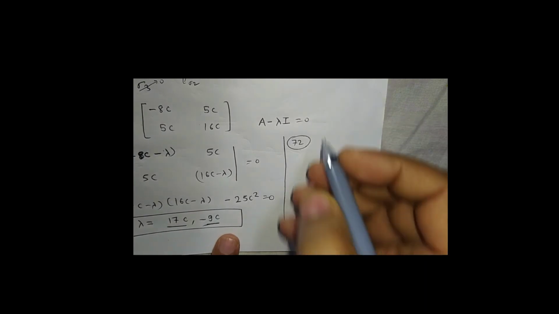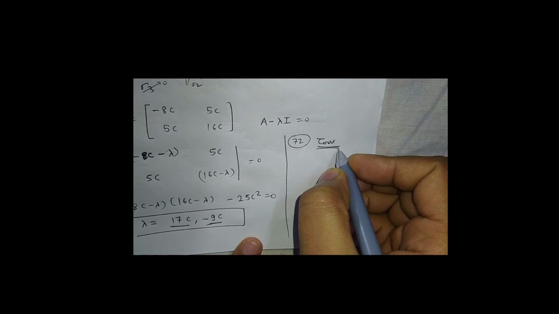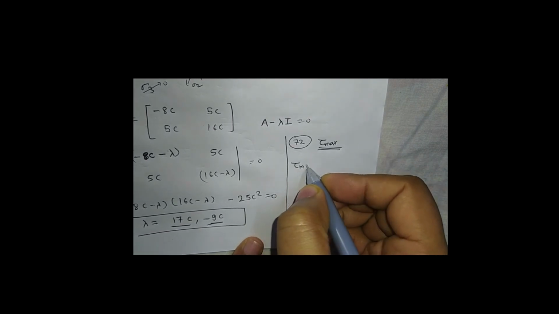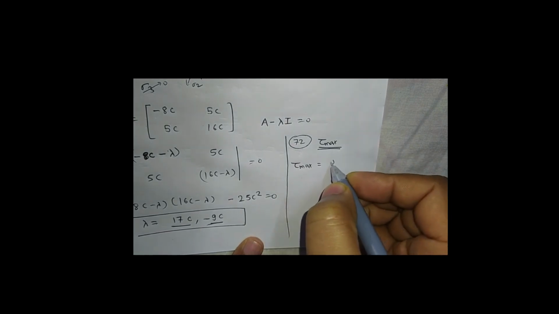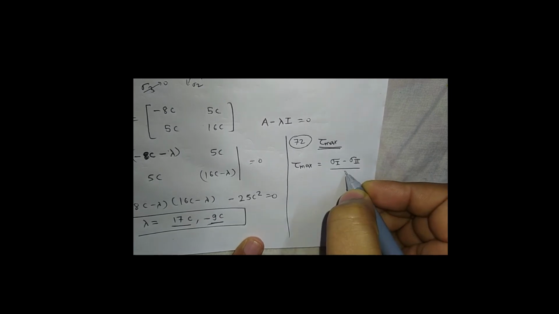In question number 72, we have to find the maximum shear stress. We all know the maximum shear stress formula for a two-dimensional state of stress is (sigma 1 minus sigma 2) divided by 2.